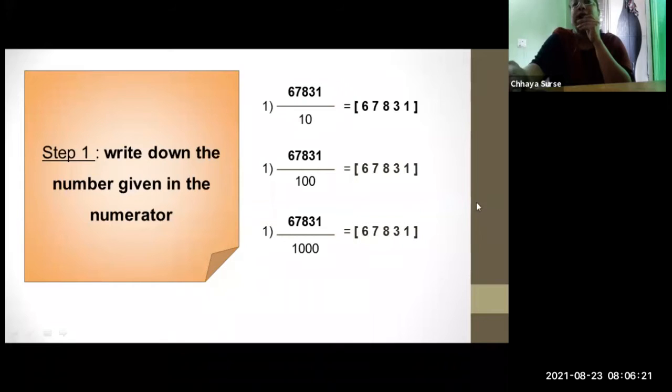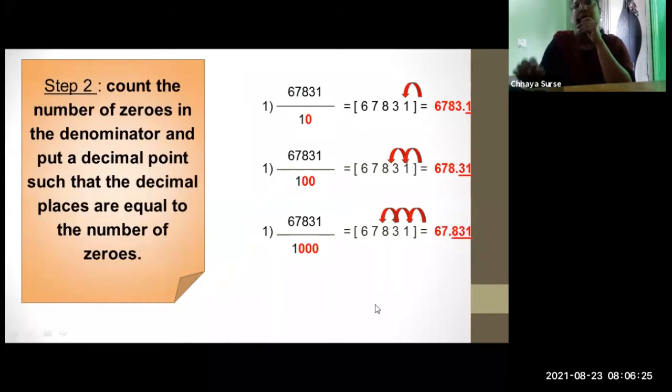Okay. So next step, after you write this number, now see the zeros. Count the number of zeros. How many zeros are here? One.